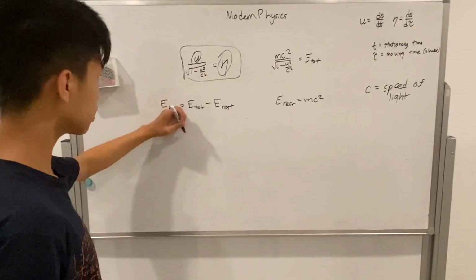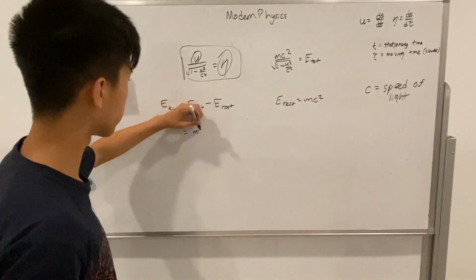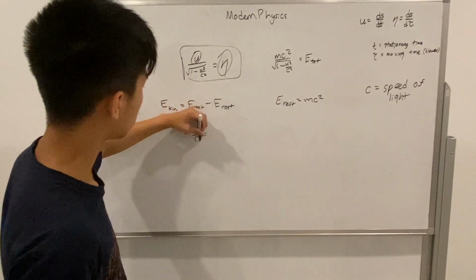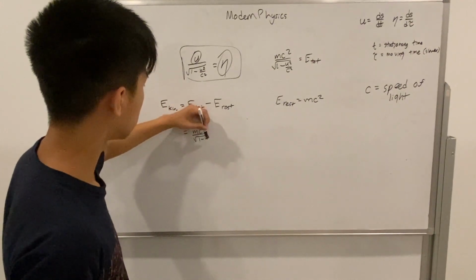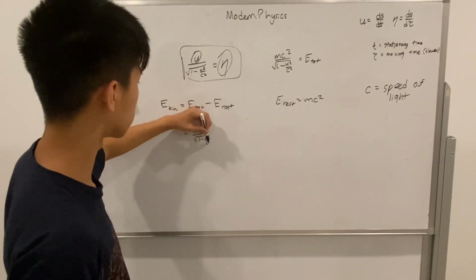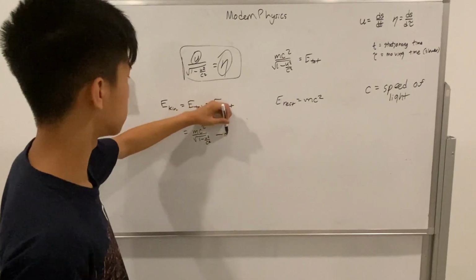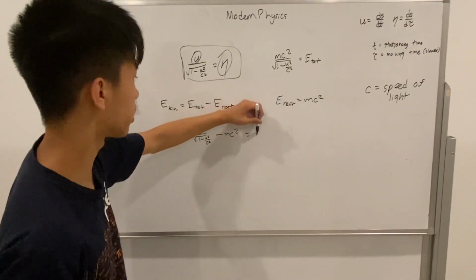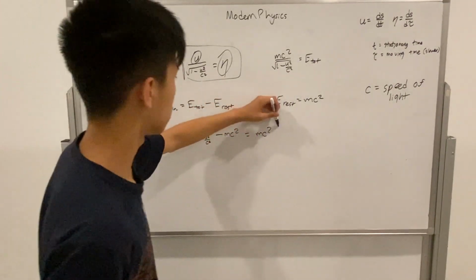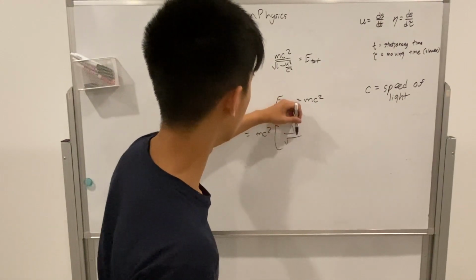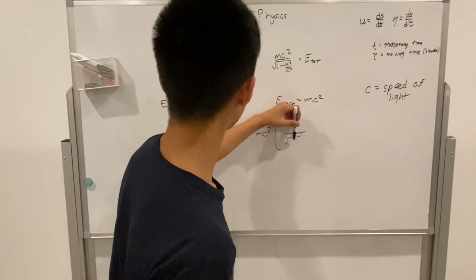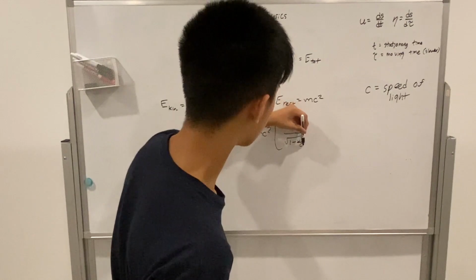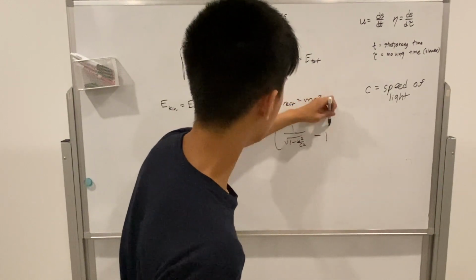So kinetic energy is mc squared over square root of 1 minus u squared over c squared minus mc squared, or mc squared times 1 over square root of 1 minus u squared over c squared minus 1.